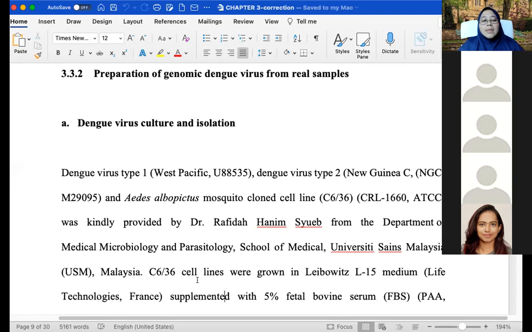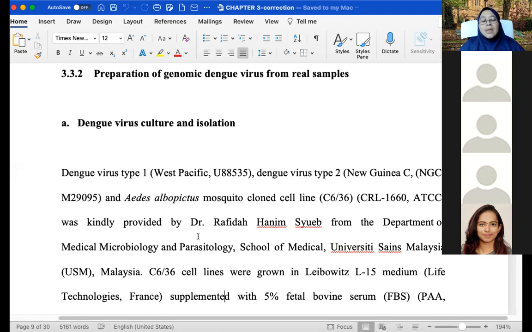Now, this is what I meant by the detail of how you declare the resources. Here, because we do not have the dengue virus in UPM, we work closely with someone in USM, USM Kubang Kerian.